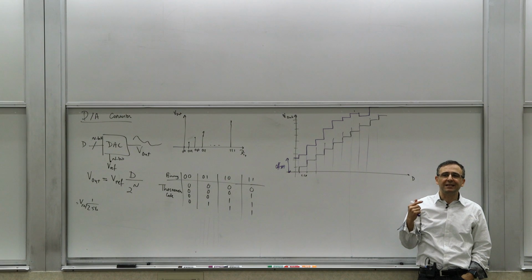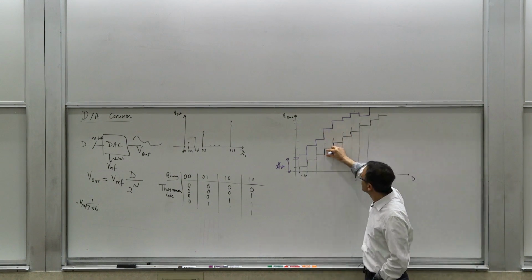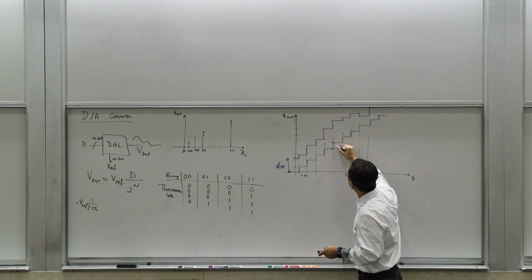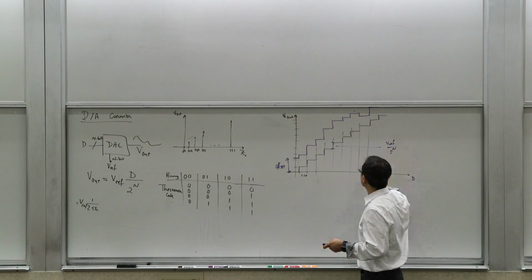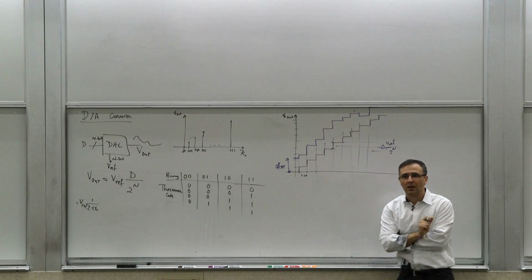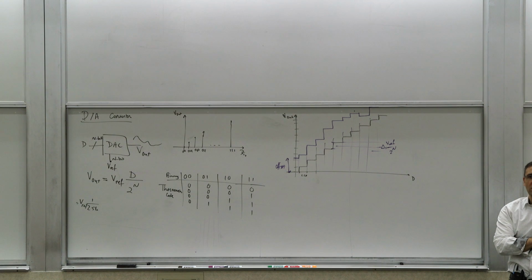So one of the things we care about is how much this deviates from the ideal jump, which is 1 LSB, right? So it has to jump by the reference divided by 2 to the power of n. This is the ideal delta here. So the deviation from that is important. If you look at the entire thing and say the maximum deviation I can have in the worst case scenario is x, that would be a useful quantity to know.